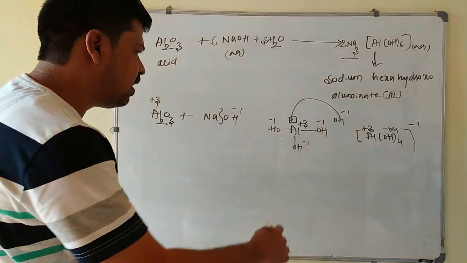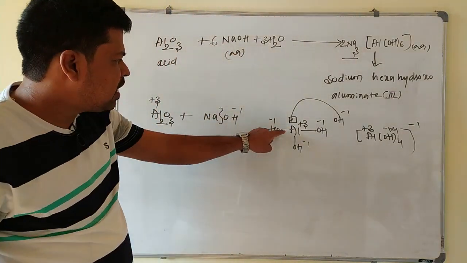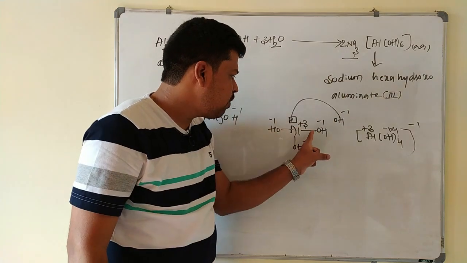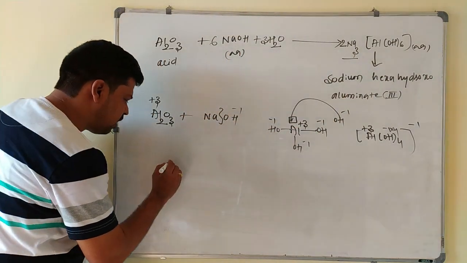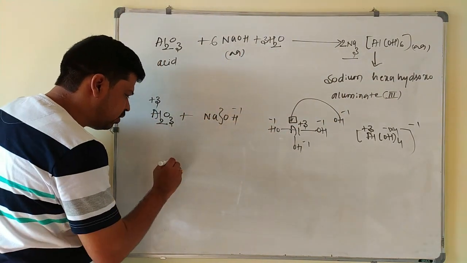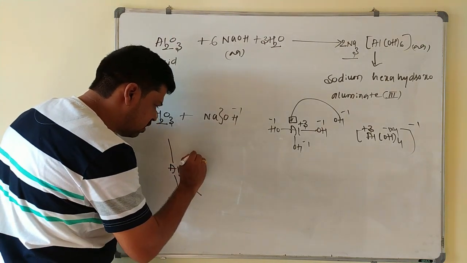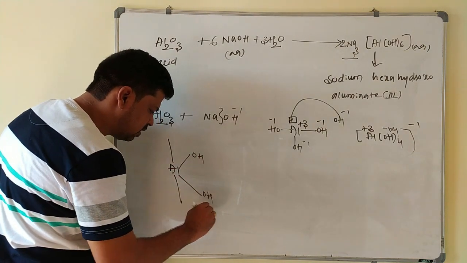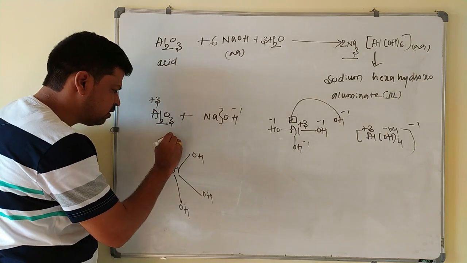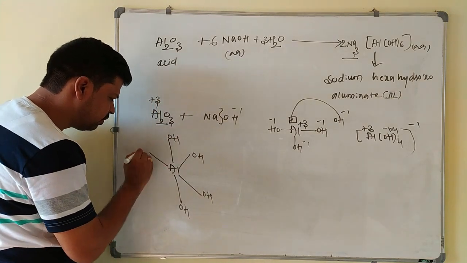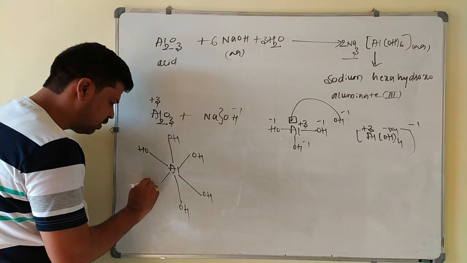the total charge on this complex is -1 here. Similarly, in this way aluminum is attached to the 6 OH here, because it is having vacant d orbital. Since it is having vacant d orbital, it can connect to the 6 OH like this. This is OH, and this is OH, OH, OH, and this also OH, this also OH.